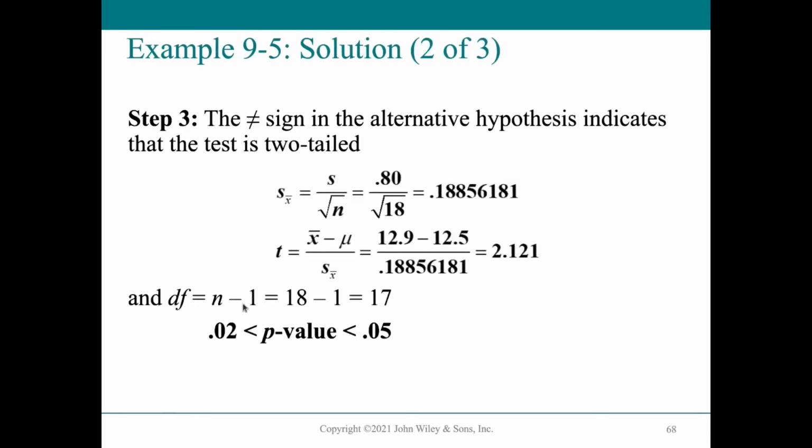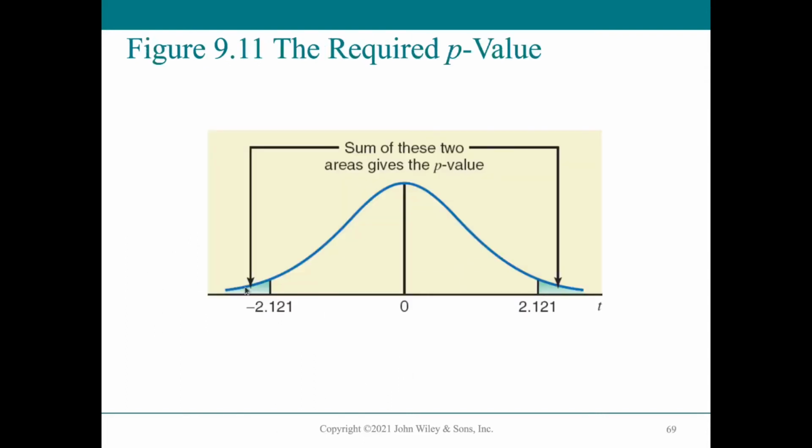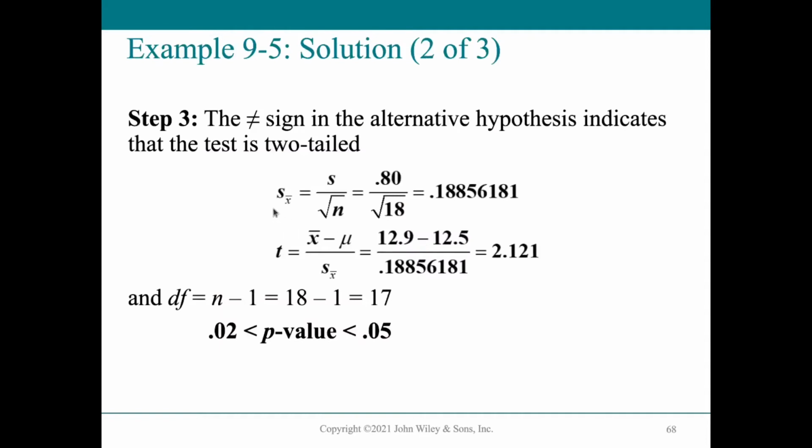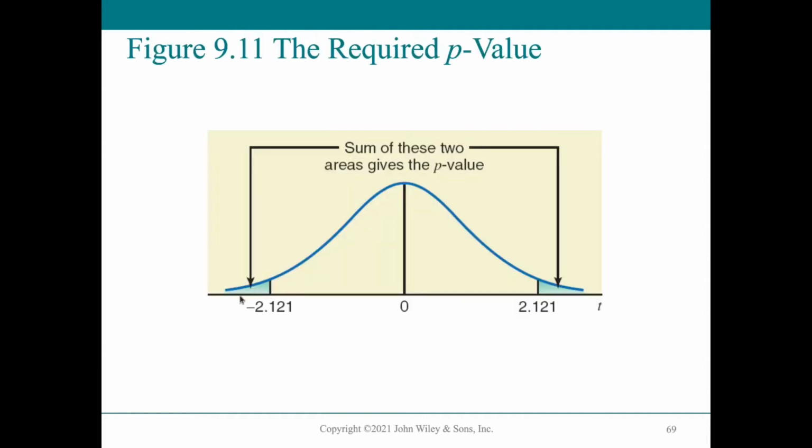So the degrees of freedom is n minus 1, so 18 minus 1 is 17. From our test statistic, the p-value is between 0.02 and 0.05. This is from the table. So here is the p-value. This is our t test statistic, which is obtained from our sample mean. This is negative 2.12.